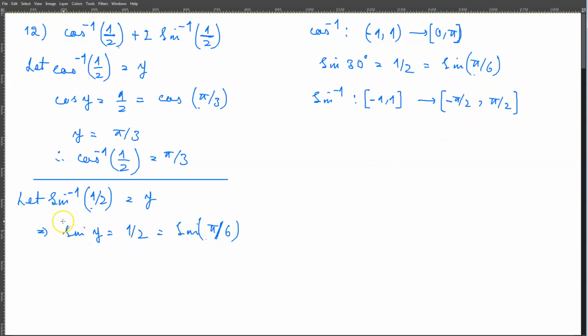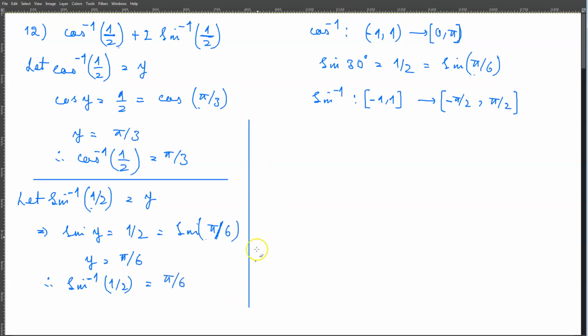So I can say that y is equal to pi by 6, or I can say that the sine inverse of 1/2 is equal to pi by 6.